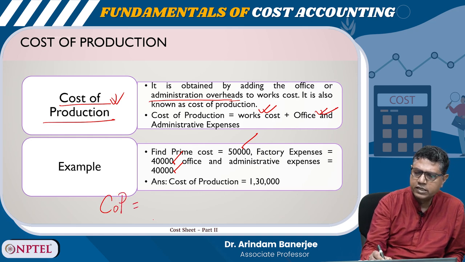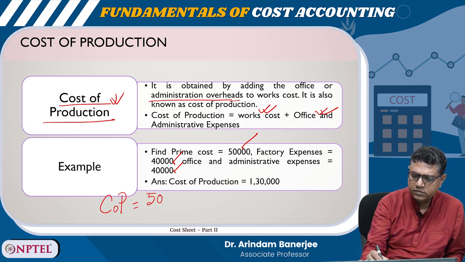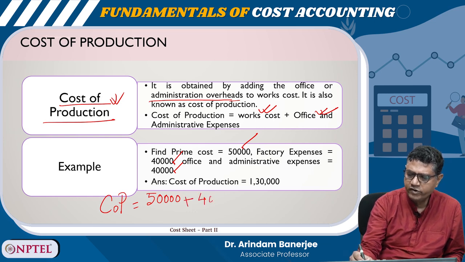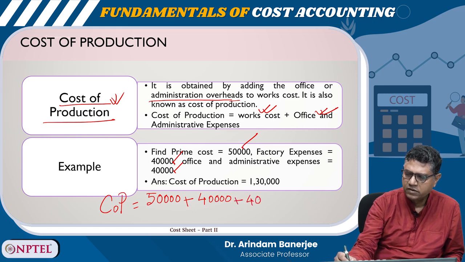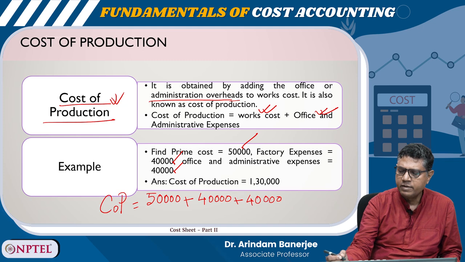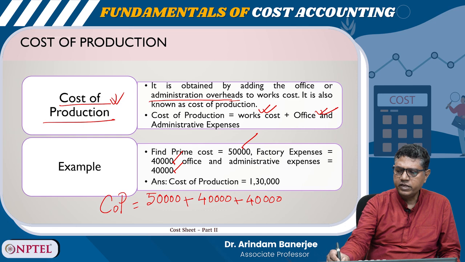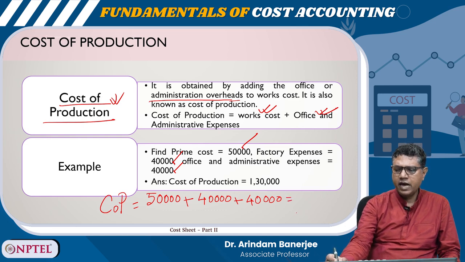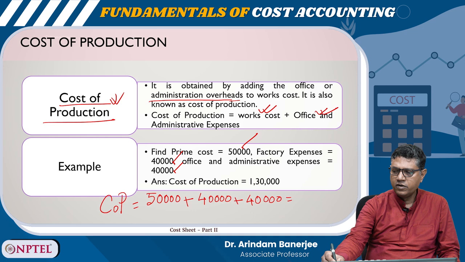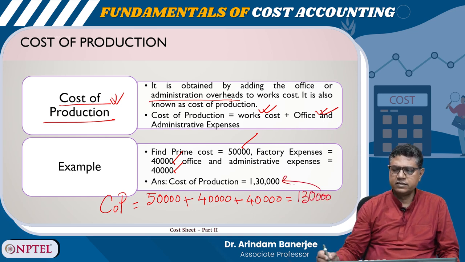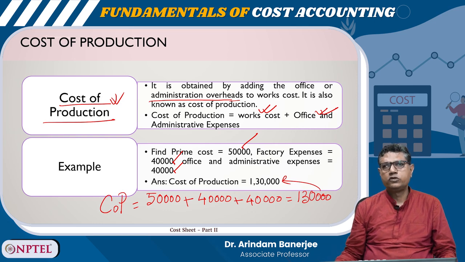So cost of production is equal to prime cost plus factory overhead plus the administration overhead. If I add these three, I am getting 1,30,000. So this is my cost of production.